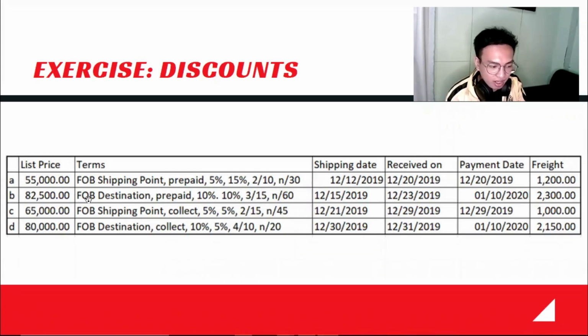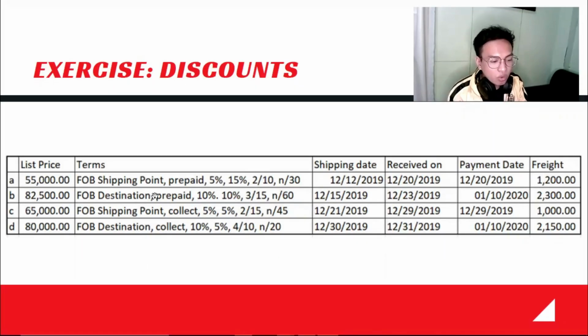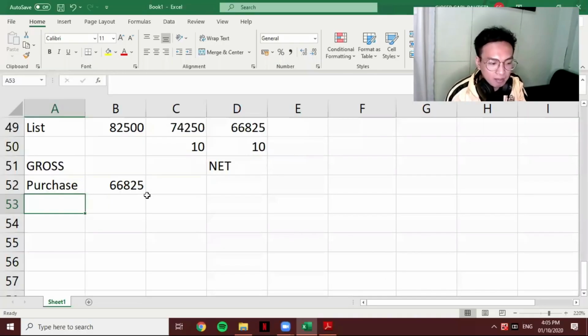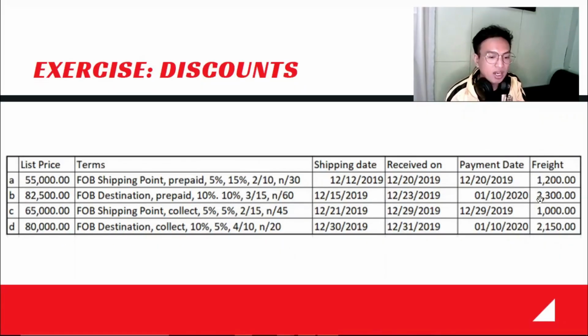Again, hindi. So wala tayong freight in. Let's see kung tayo ang nagbayad. Since this is prepaid and we are the buyer, wala rin tayong cash na nilabas for the freight amounting to 2,300.